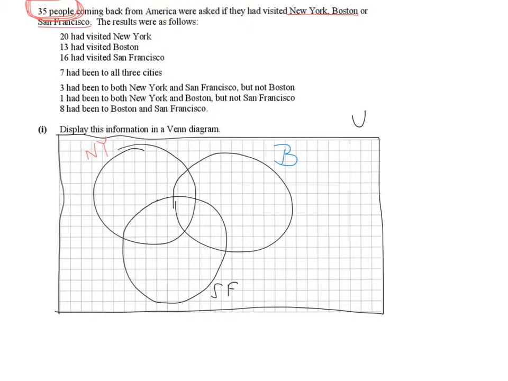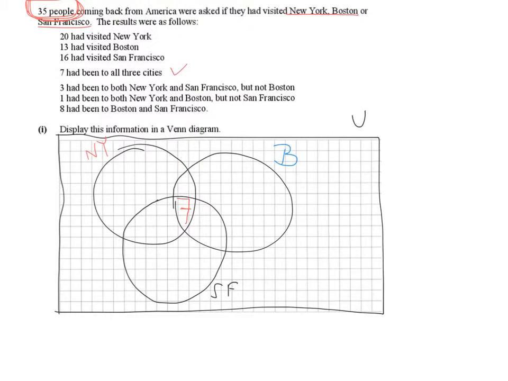So where to start? The same as we did in a Venn diagram with two circles, we need to start with the intersection. 7 had been to all three cities, and this is our intersection for three circles, so let's place 7 straight in the middle.